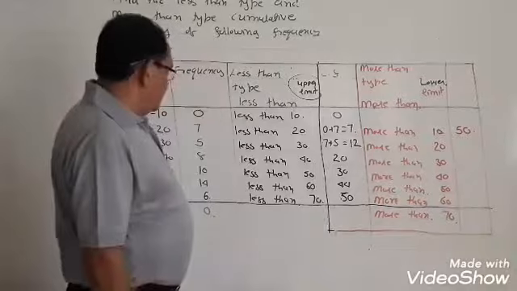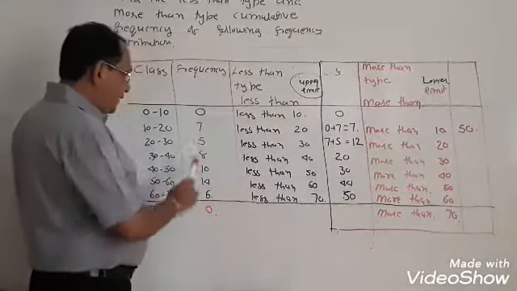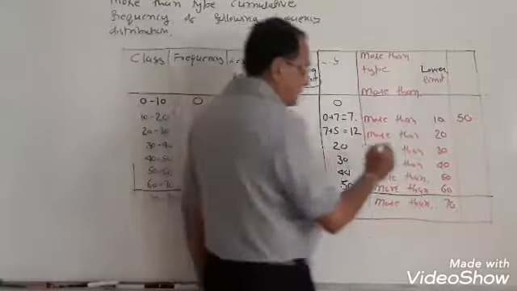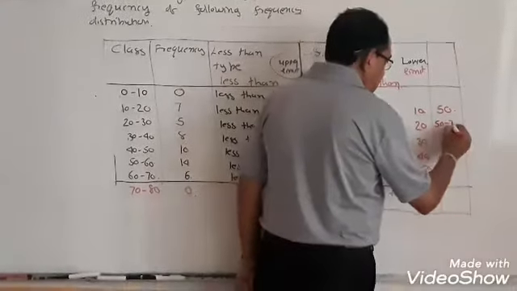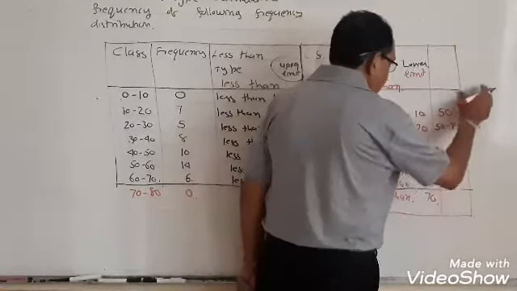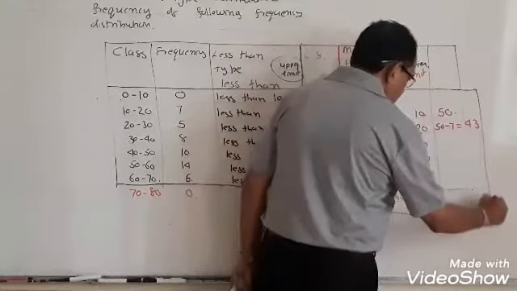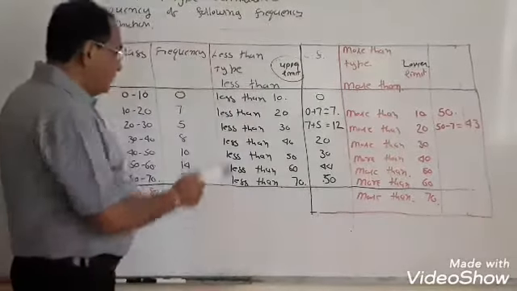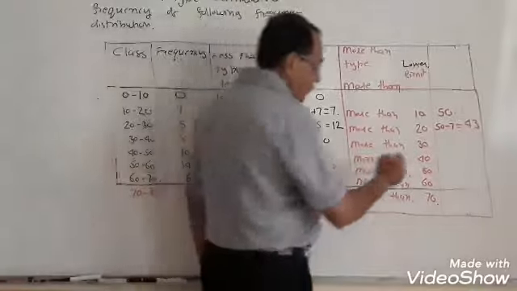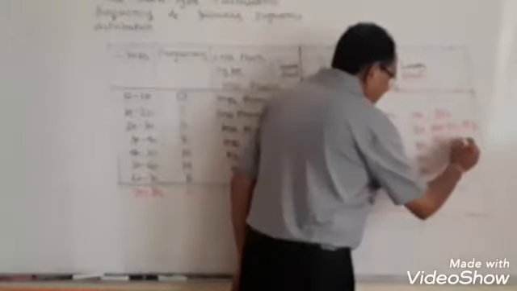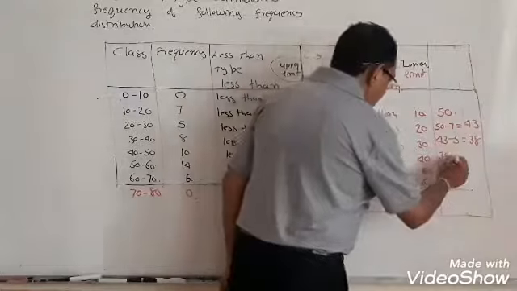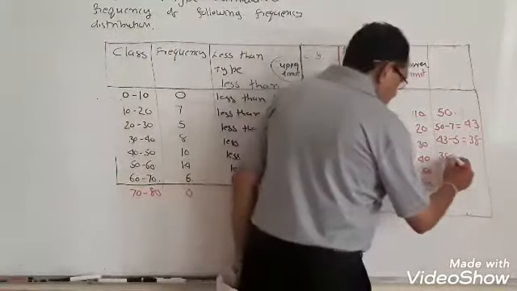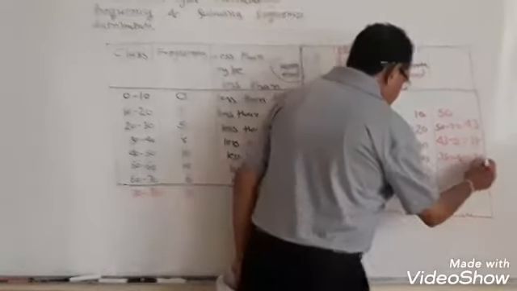More than 10 is 50. Then more than 20: how many students will be there? 50 minus 7 is equal to 43. Next, 43 minus 5, 38. 38 minus 8 is 30.